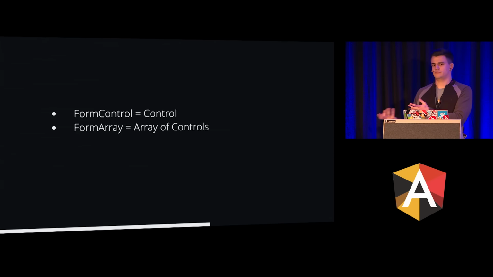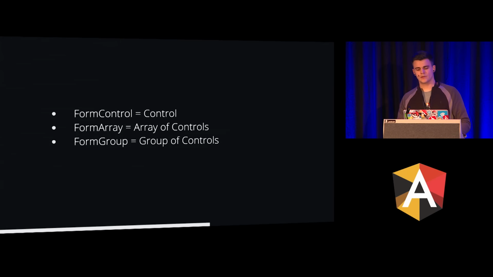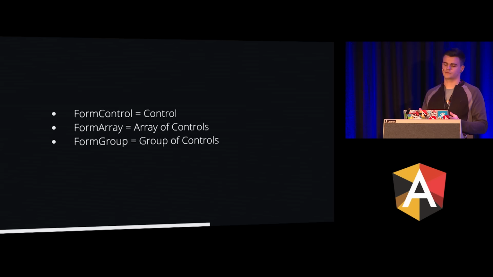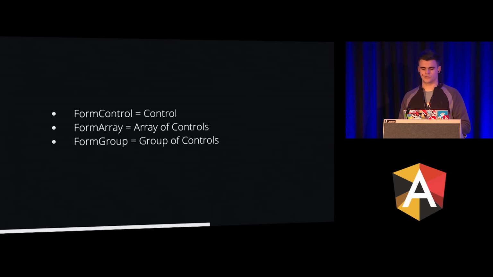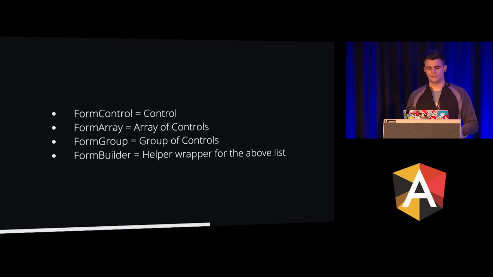So you just start to think about actual proper native JavaScript at this point. And then a form group is a group of controls, like an object of different controls. So everything is just a nice wrapper for these controls. And then form builder, when we want to use shorthand-ish sugar syntax, we can use these to basically wrap them instead.